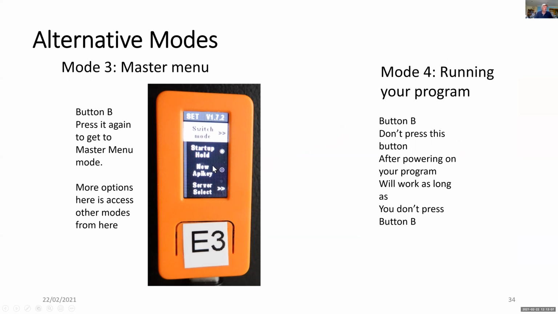So just keep on pressing it again, or you might have to go back to reset, quickly press button B and try to get into the USB mode. And the final mode is your own program that you download into the M5StickC.